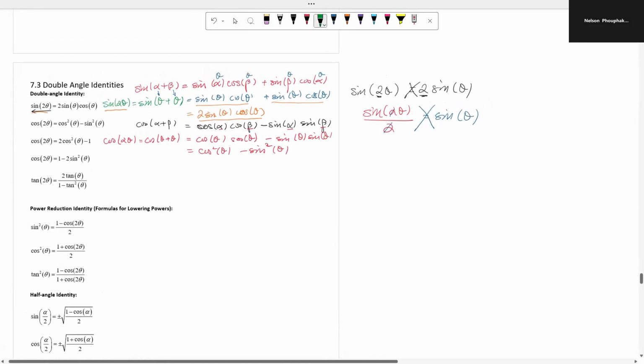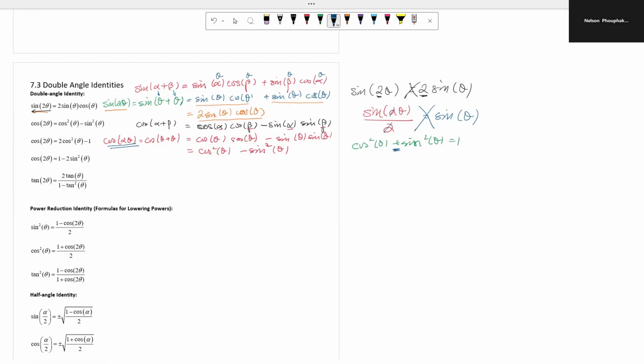Again, don't make the mistake with this: cosine square theta plus sine square theta is equal to 1. However, cosine square theta minus sine square theta is equal to cosine 2 theta.